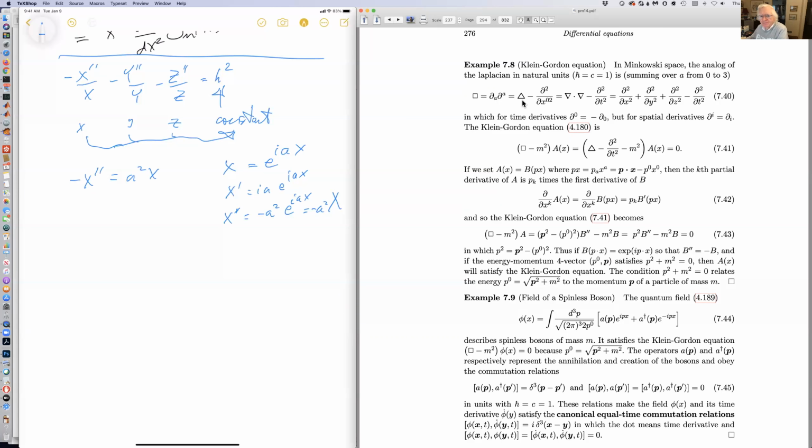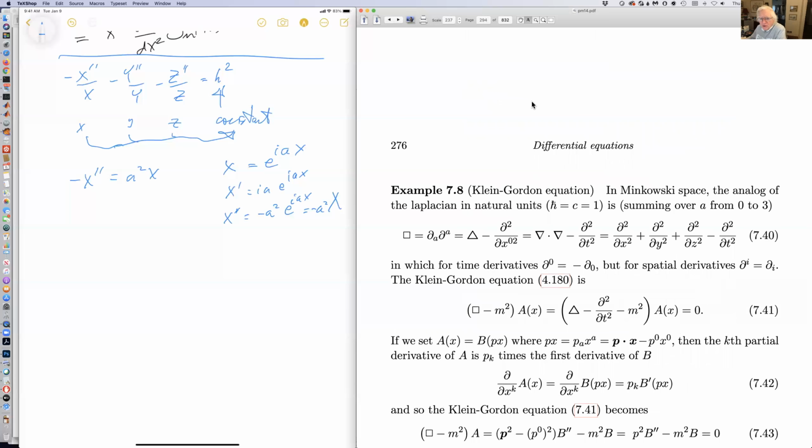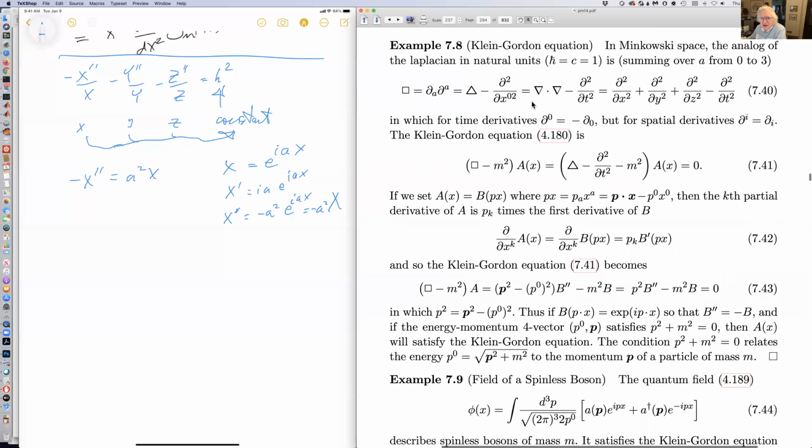Just as the triangle can represent the Laplacian this way, a box can represent the four-dimensional relativistically invariant Laplacian.